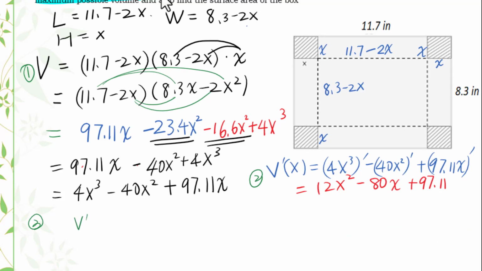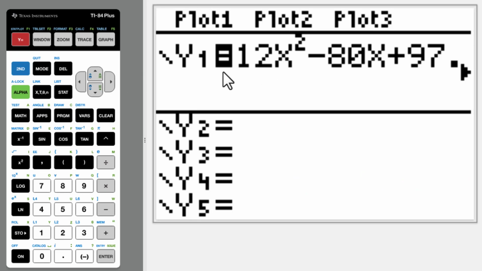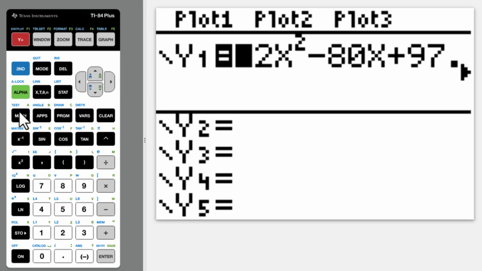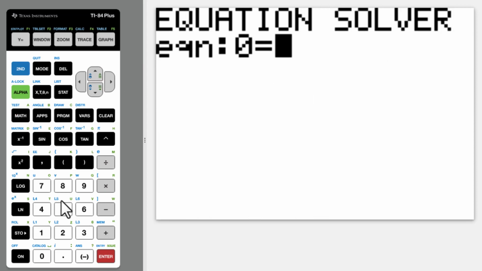The third step, figure out the stationary point. V prime of x equals 0, which means 12x squared minus 80x plus 97.11 equals 0. By solver, let's go to calculator. After we put the derivative function into y1, go to Math, Solver, enter.